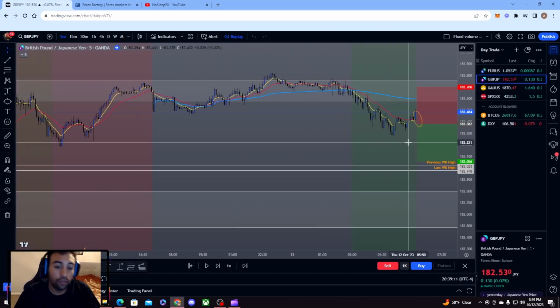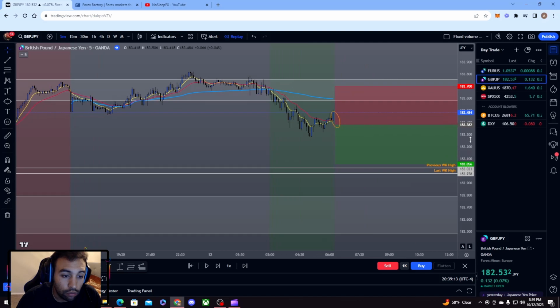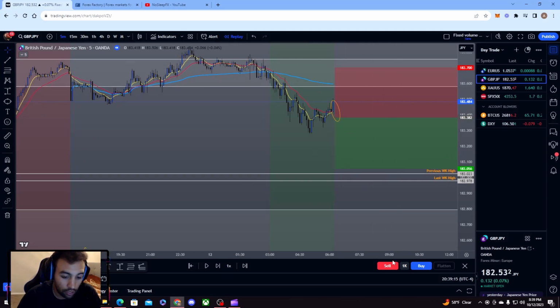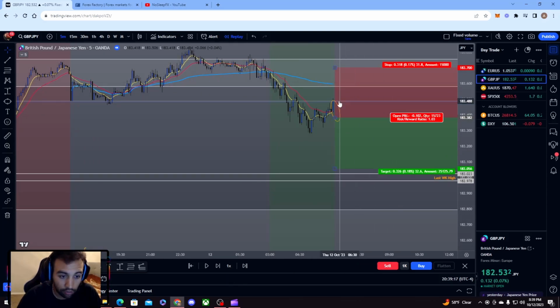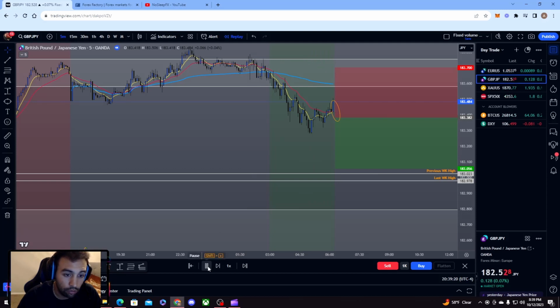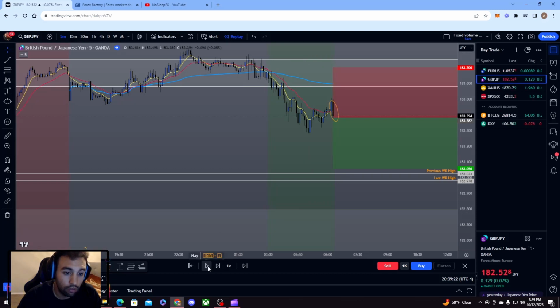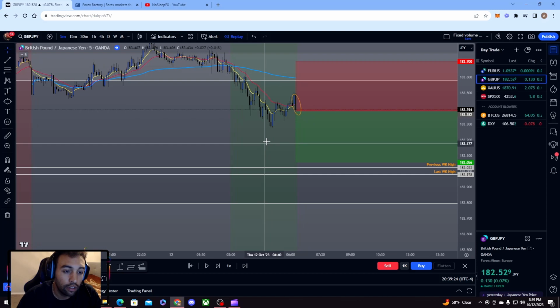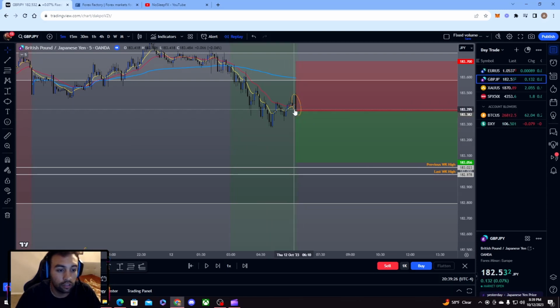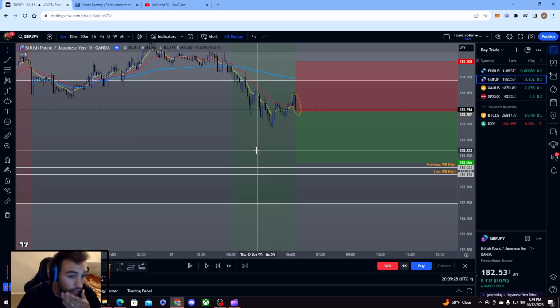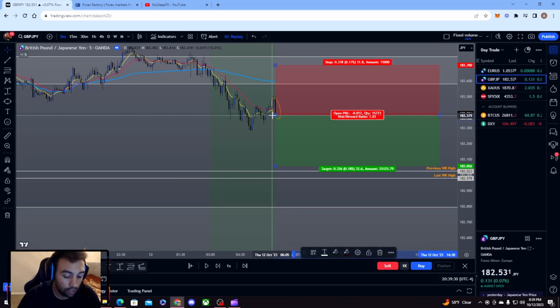So I had, where'd it go? Did it disappear? Anyways, I had entered sells based off that engulfing candle. That one right there. That was my entry candle, right? So I entered, oh, I missed it.